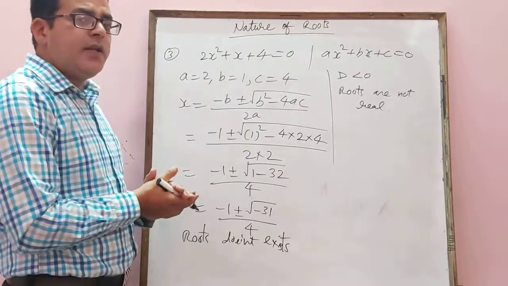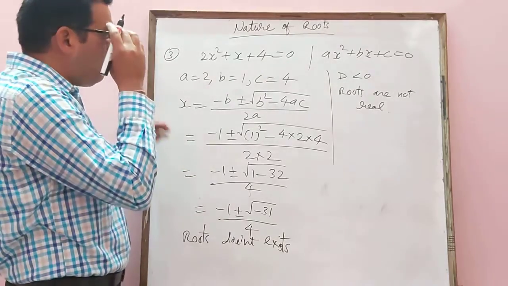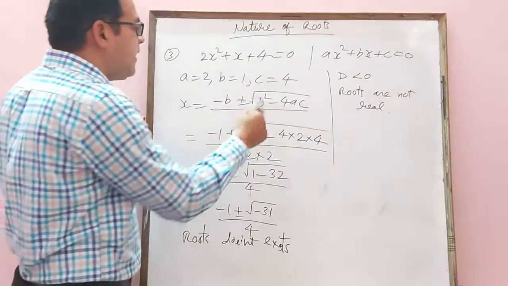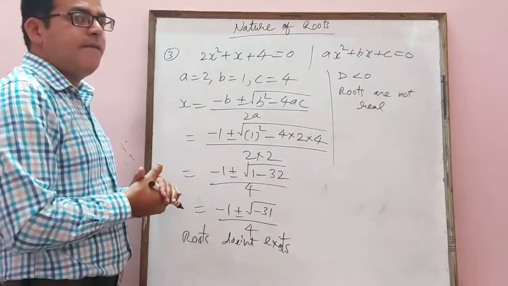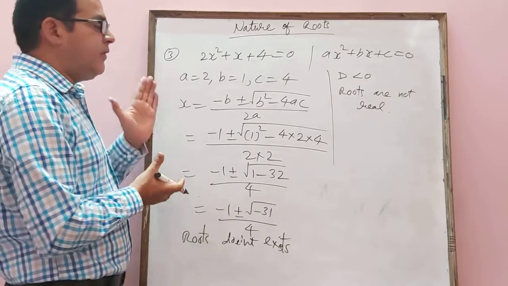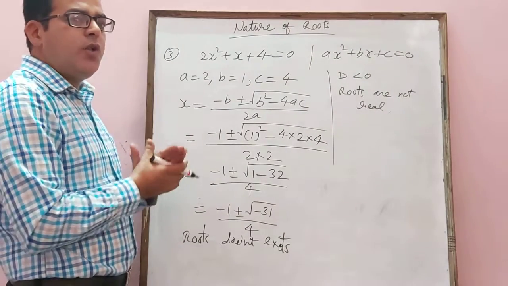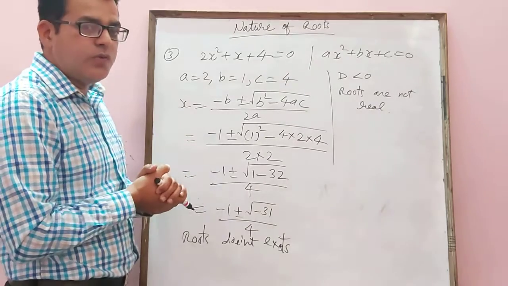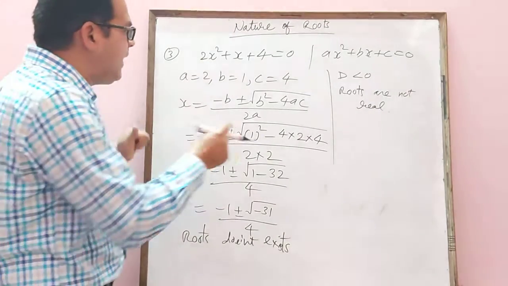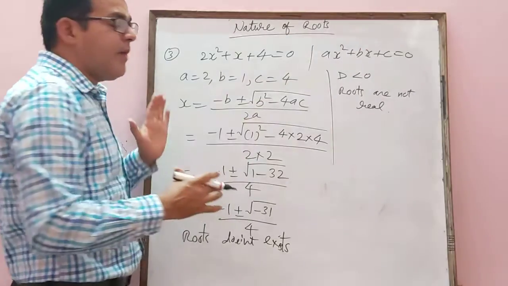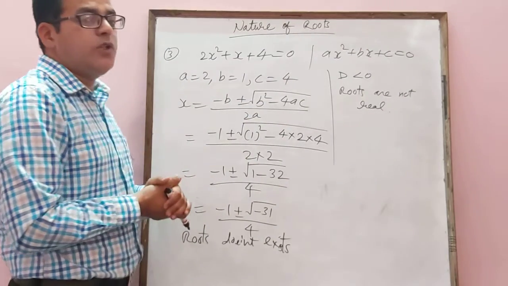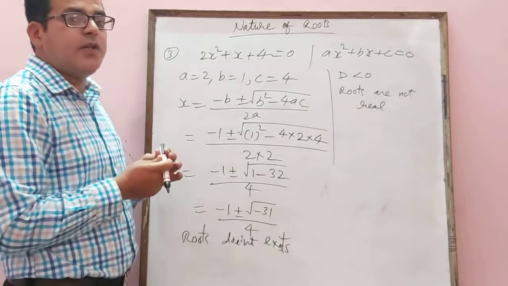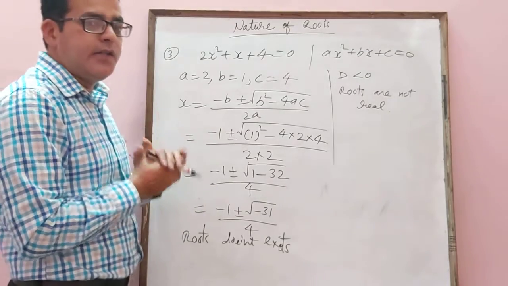Once again, let me summarize it. If the value of discriminant, that is b square minus 4ac, is greater than 0, in that case we will get two distinct and real roots, right? And if the value of discriminant, b square minus 4ac, equals 0, in that case we will get two equal and real roots.